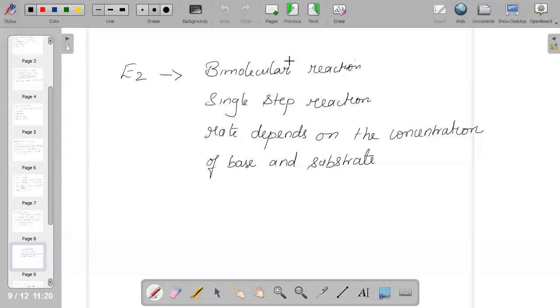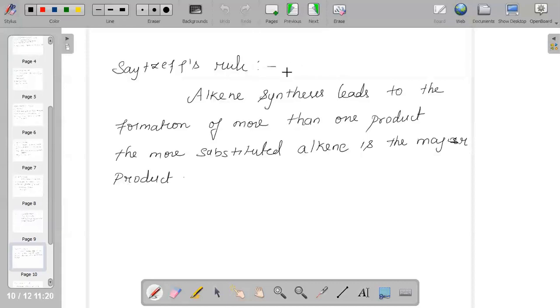What are the conditions that favor the E2 reaction? The alkyl halide we are using, the leaving group, and the solvent. Whatever favors the SN2 reaction will favor the same conditions for the E2 reaction also. One rule is very important in this chapter.